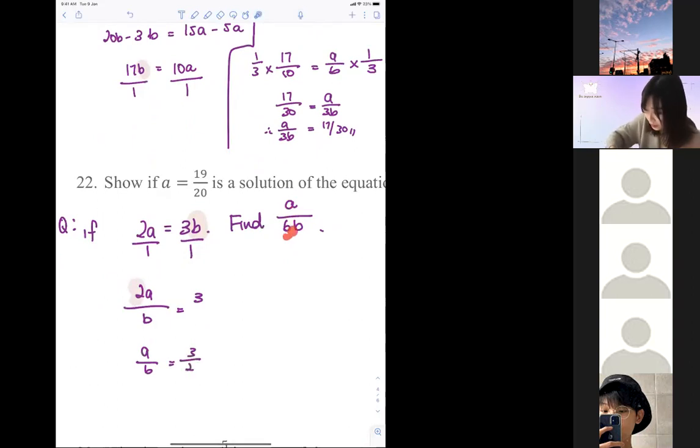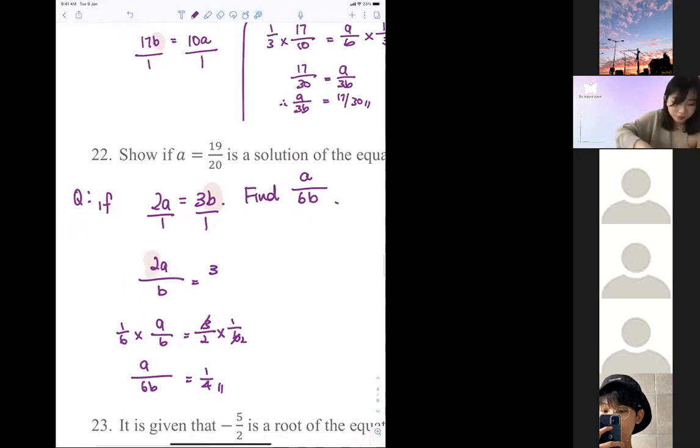Then you want a 6 at the bottom, so you times 1 over 6 here, you times 1 over 6 here. So top times top, bottom times bottom, you get it. So this one, 1 over 4, that's it. Can you help me write down? Nice, Evian got it. Okay, very good.